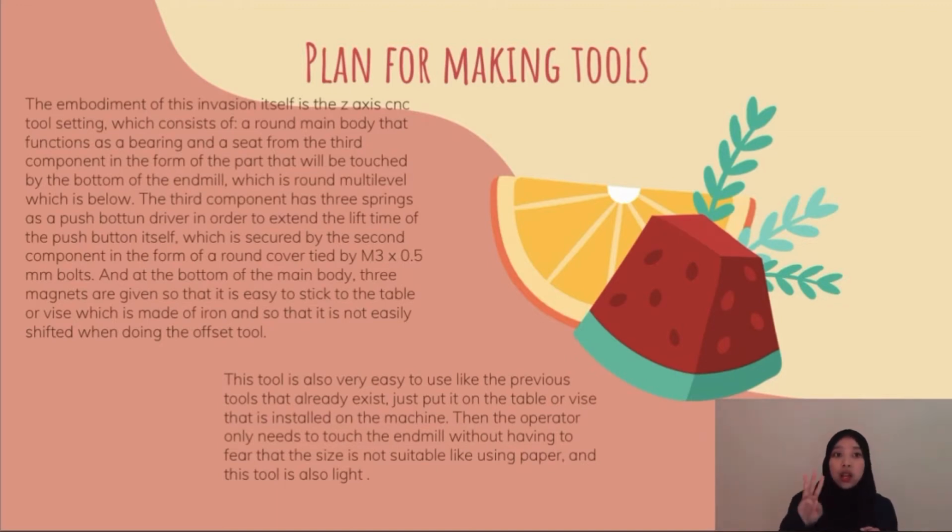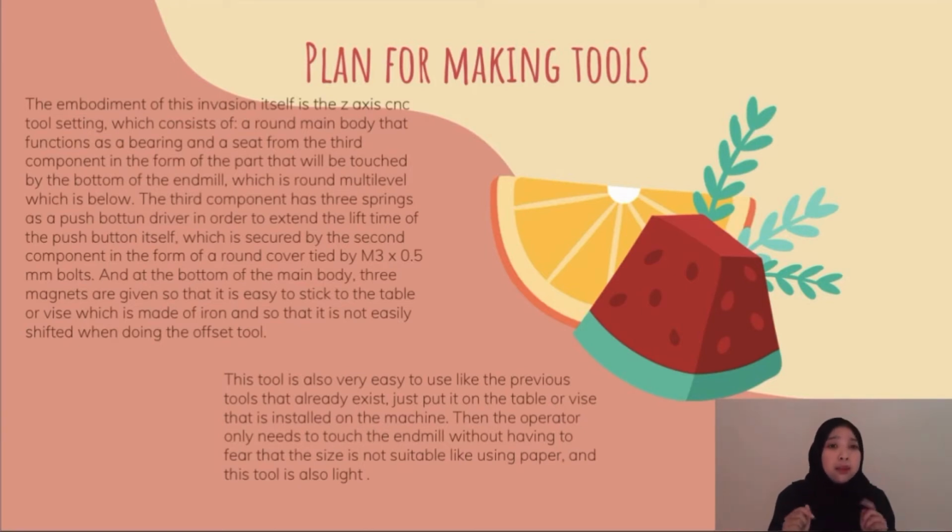The third component has 3 springs as a push button driver in order to extend the lift time of the push button itself, which is secured by the second component in the form of a round cover tied by M3 x 0.5 mm.